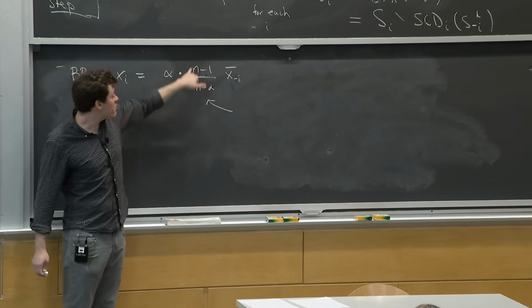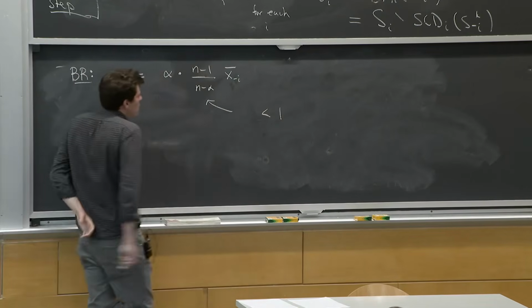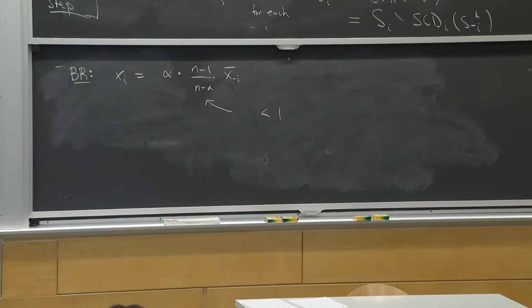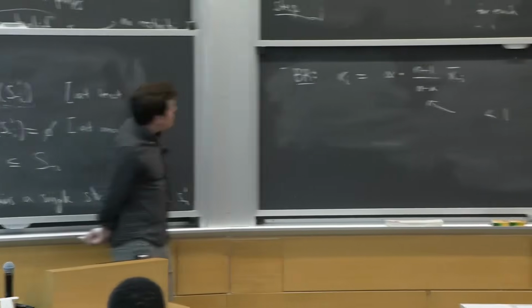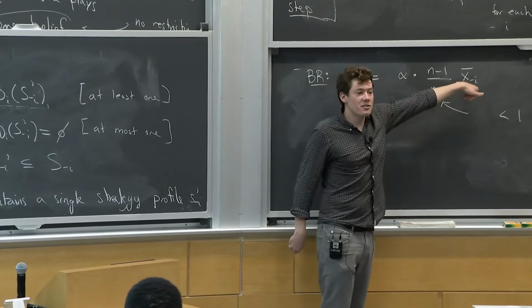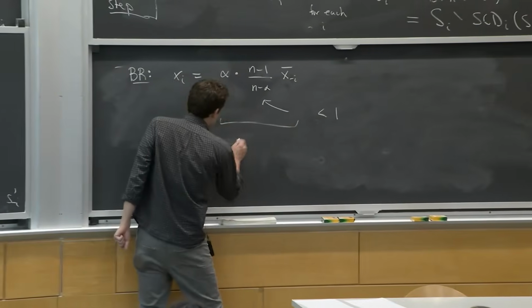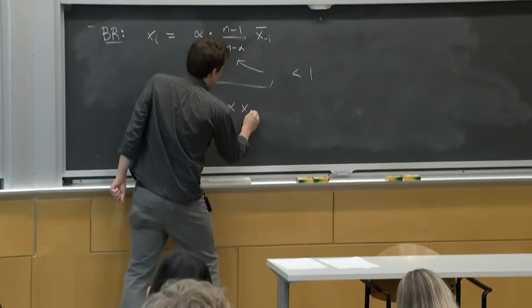So the bottom is bigger than the top, so this is less than 1. That means it's best for me to guess not alpha times the average of everyone else, but strictly less than that. So this is less than alpha x negative i bar.